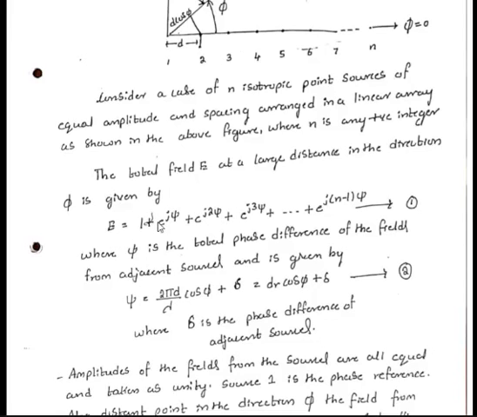If I consider point source 2, that value will be e raised to j psi, as we have a certain phase difference from 1 to 2, since the phase reference is taken at the origin. In the same way for 3, it is e raised to j2 psi, and so on up to n sources. That's how it has been written.